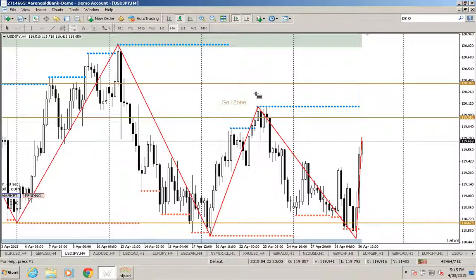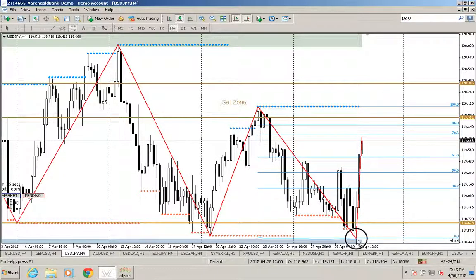Now if you draw your Fibonacci on a 4-hour chart from your most recent high to your most recent low, A and B, you will see this very candle we are on at the moment just passed our 61 Fibonacci.